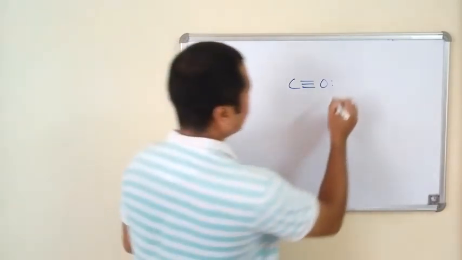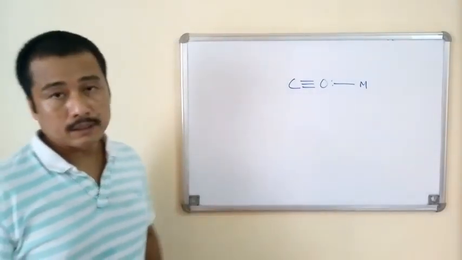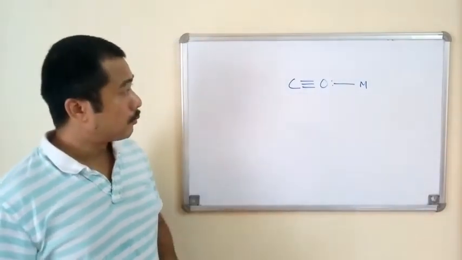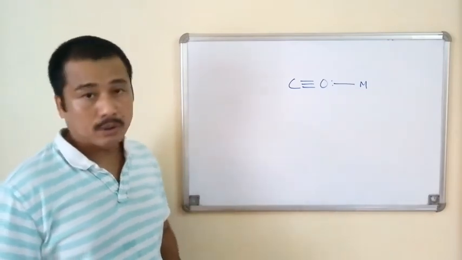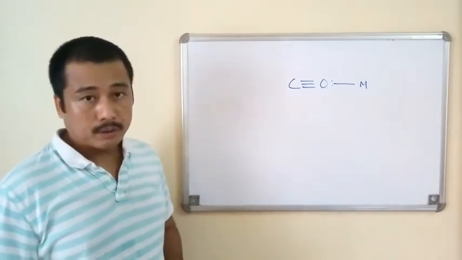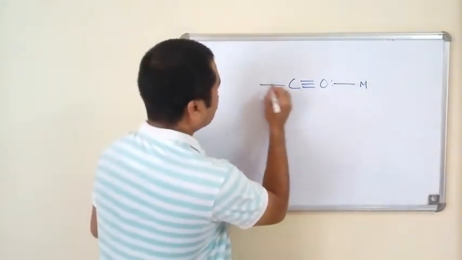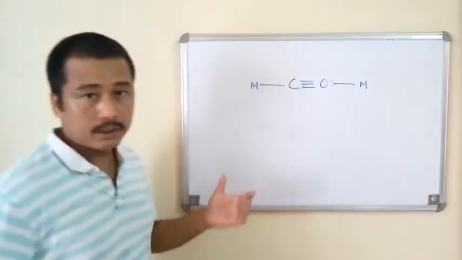But this mode of binding is not very common, and instead carbon monoxide binds to metal centers through the carbon center, which is quite unexpected.